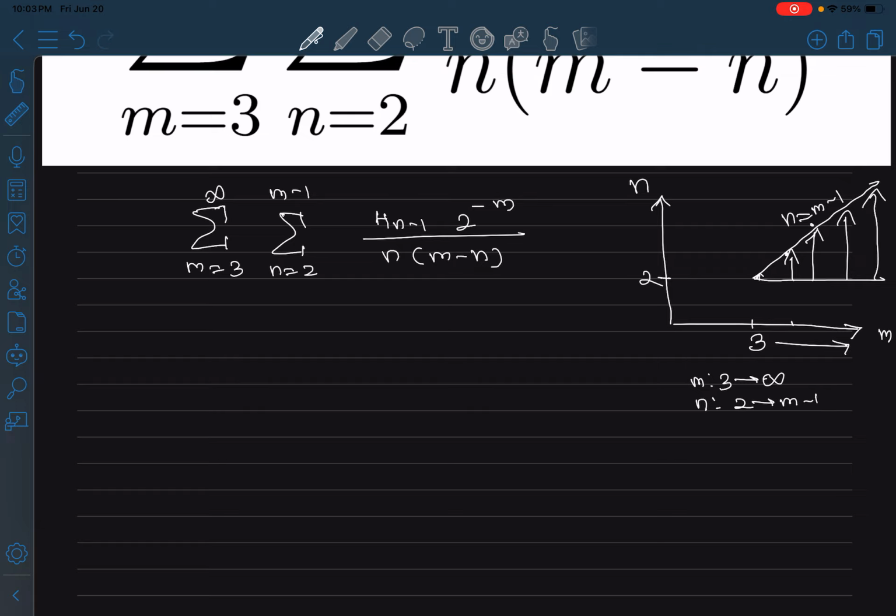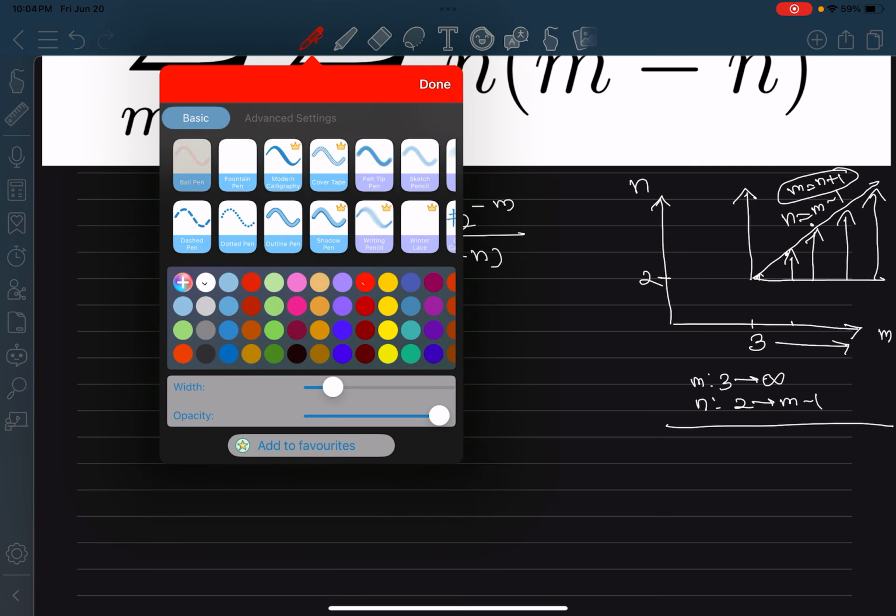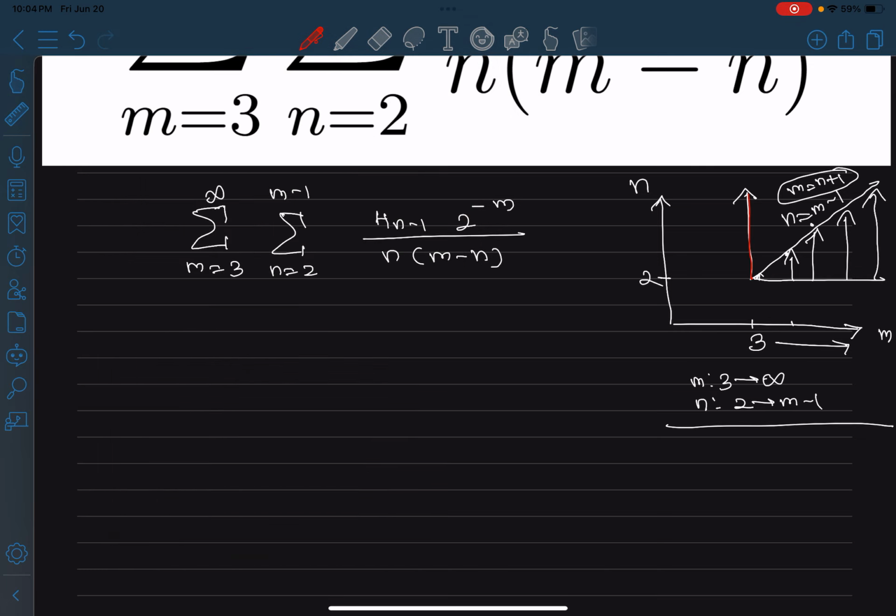If we consider writing n first, then to denote this same area we can let n go from 2 to infinity, and then m goes from n plus 1 to infinity.